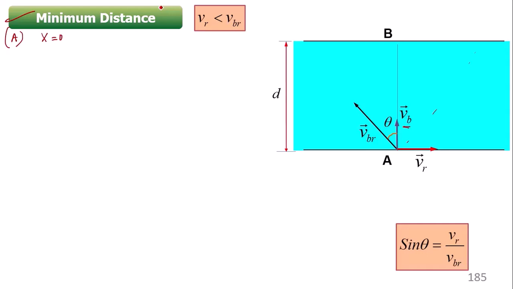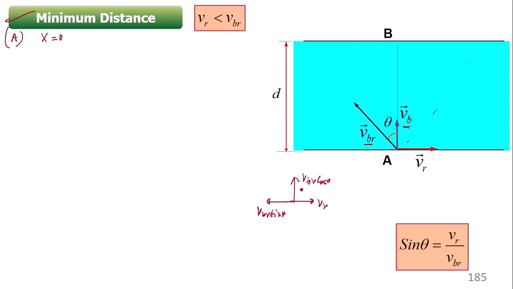And under that situation, VBR has one component, VBR cos theta, and another component, VBR sin theta, and VR is there.